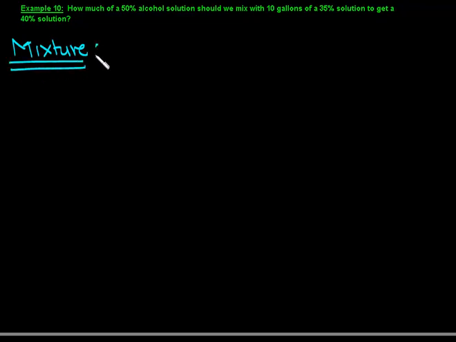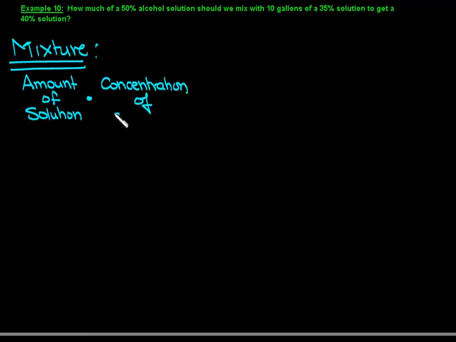We today looked at three new formulas: motion, work, and mixture. Okay, so the formula for mixture is this. If you have amount of solution and if you multiply that by concentration of substance, that should give you what?